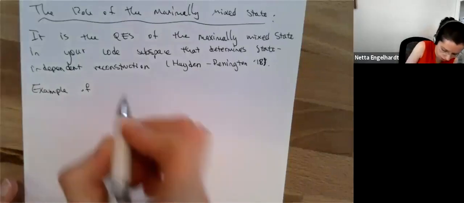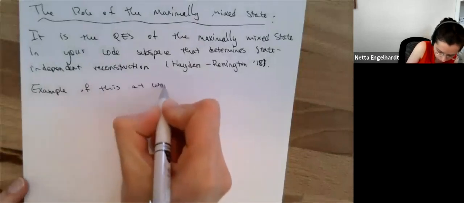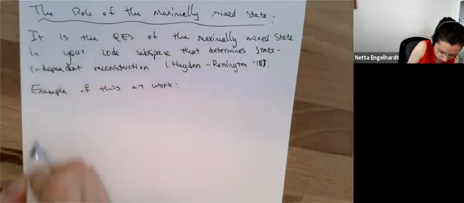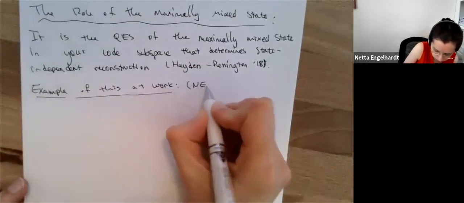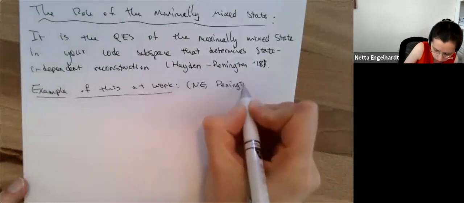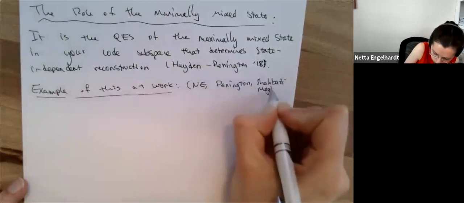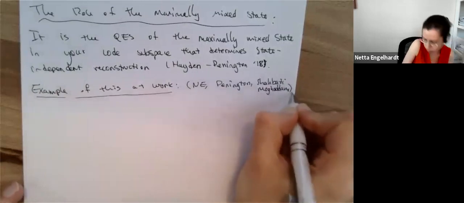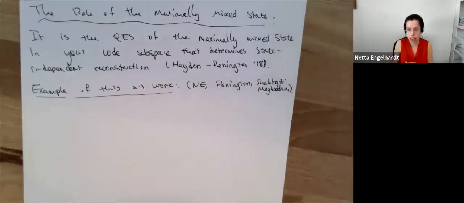Okay, so an example of this at work. This is very recent work by myself, Jeff Pennington, from last month, and Arvind Shabazzi-Moghadam. This is an example of how typicality is very important for you to have this type of state dependence if you're looking at typical state black holes.